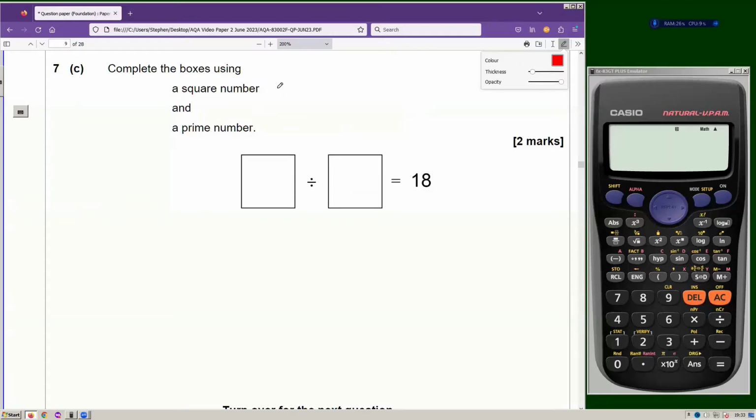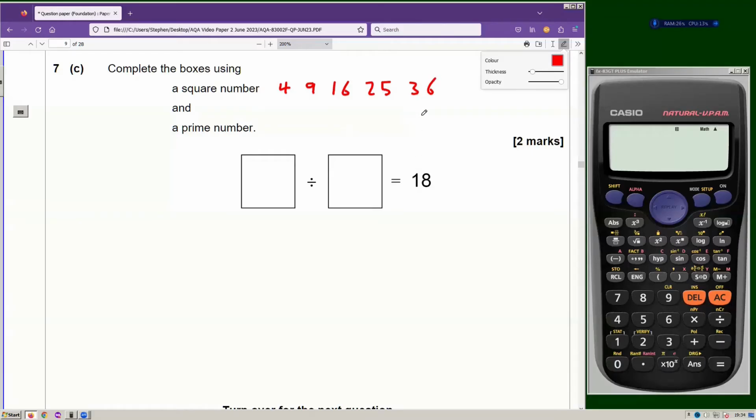So if we didn't see it straight away, what I'd do is put the square numbers down first. 4, 9, 16, 25, 36. And that's the first one, because 18 is half of 36.